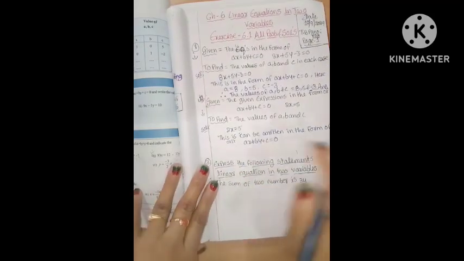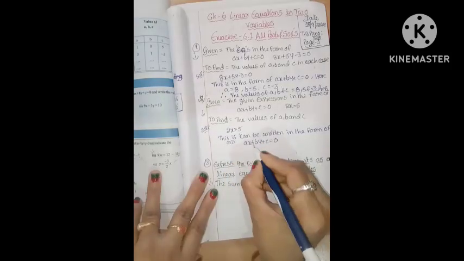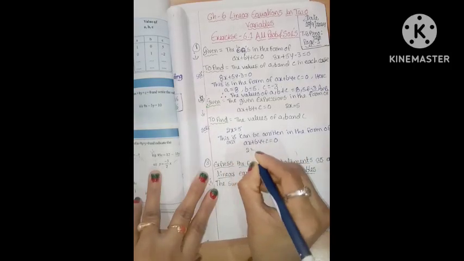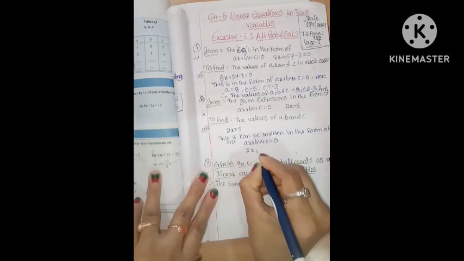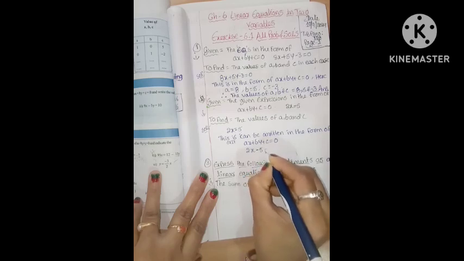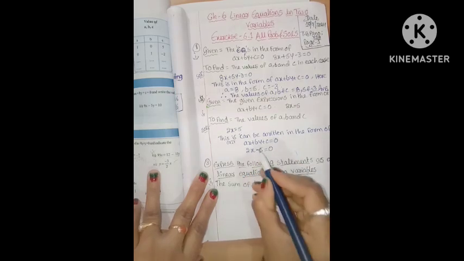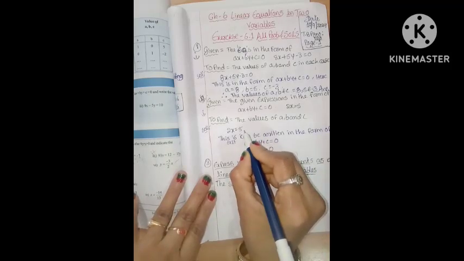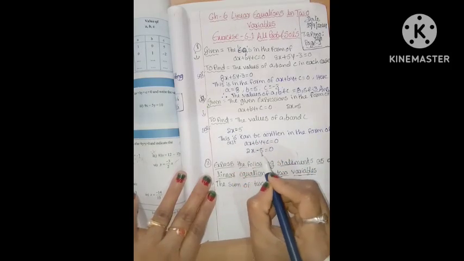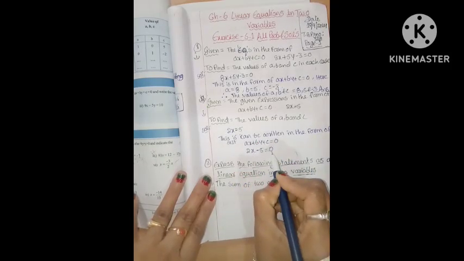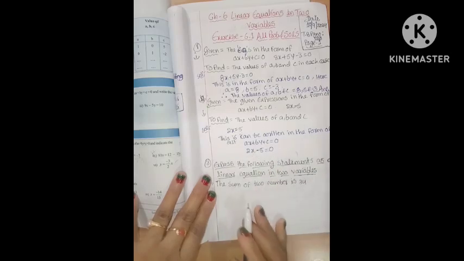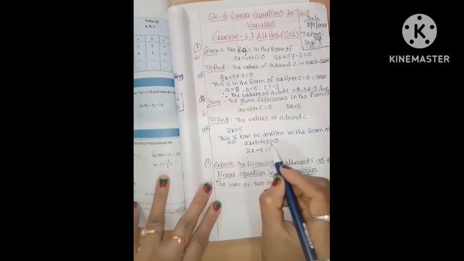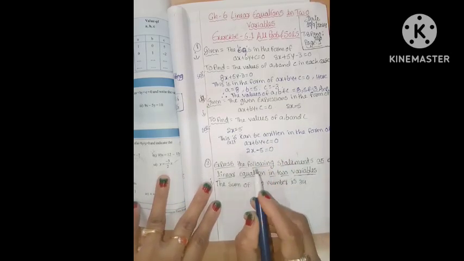So how do we write it? 2x minus 5 equal to 0. It can be written in the form 2x minus 5y equal to 0, in the form ax plus by plus c equal to 0.